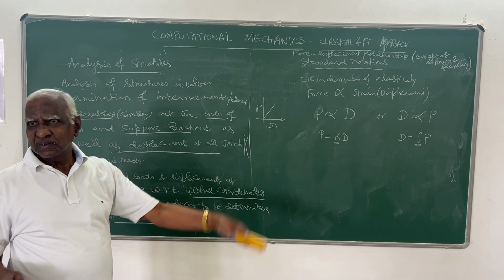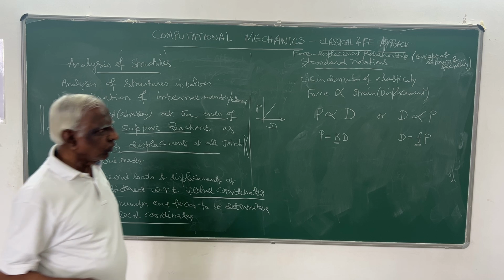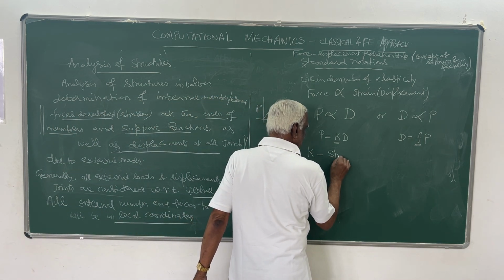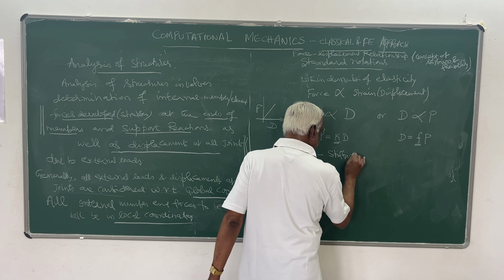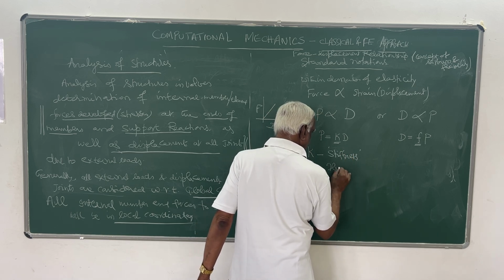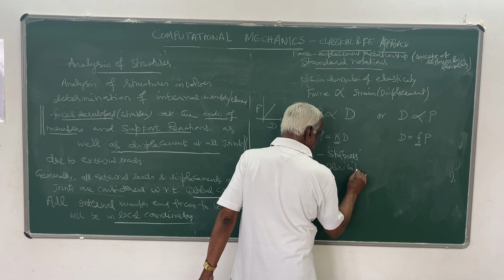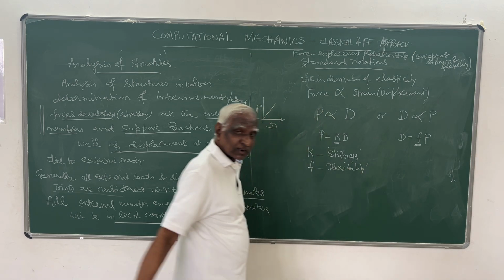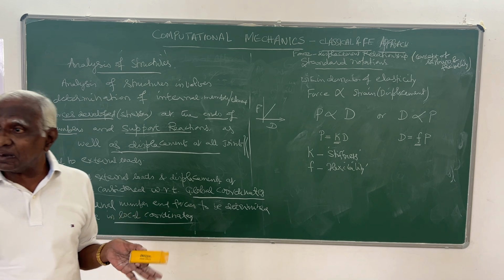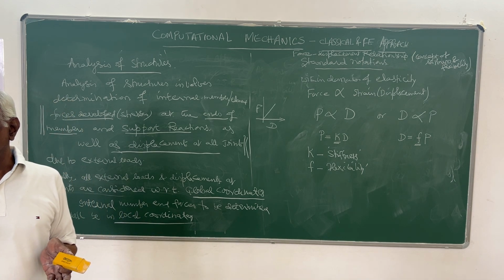Displacement is equal to some constant into force, where K is called stiffness and F is called flexibility. This is what the concept of stiffness is. It's a very simple, basic concept.